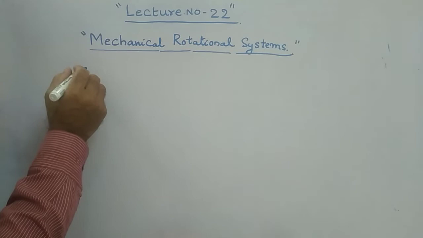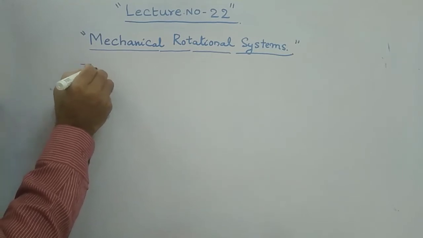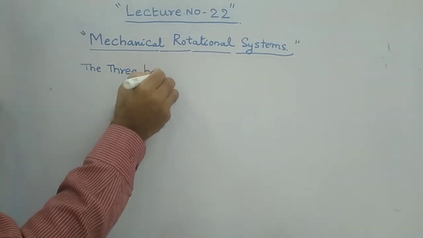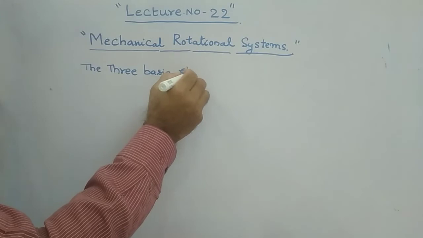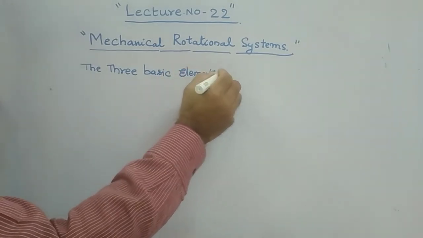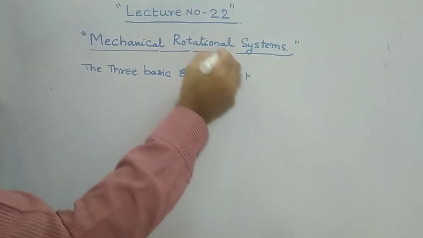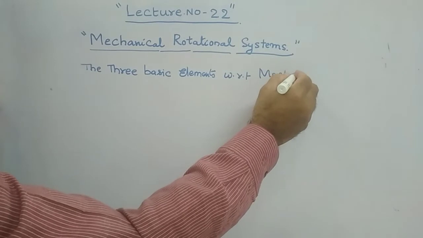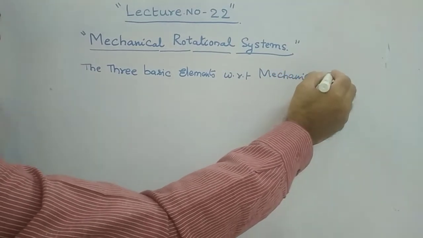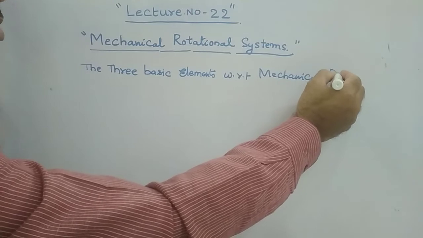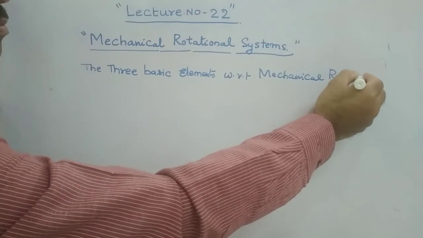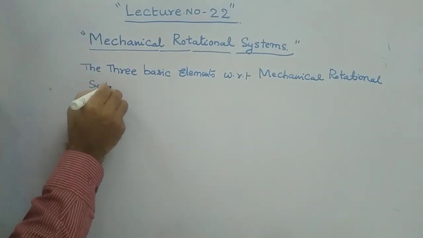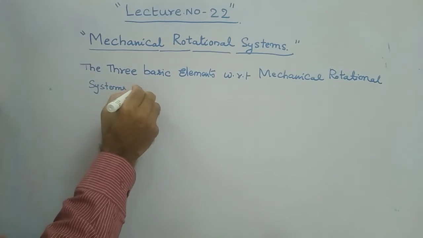So, the three basic elements with respect to the mechanical rotational system are what?